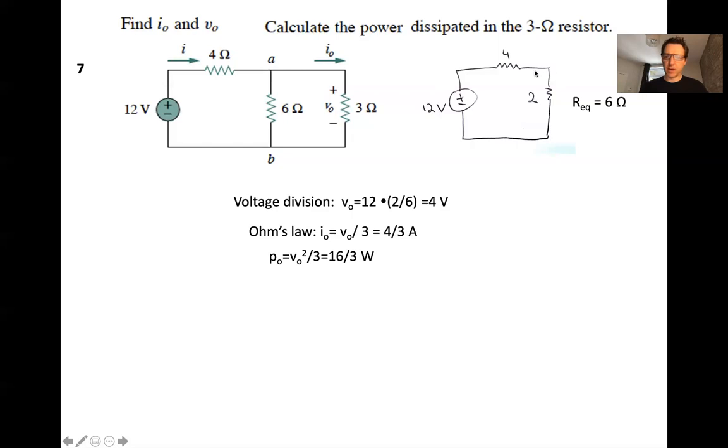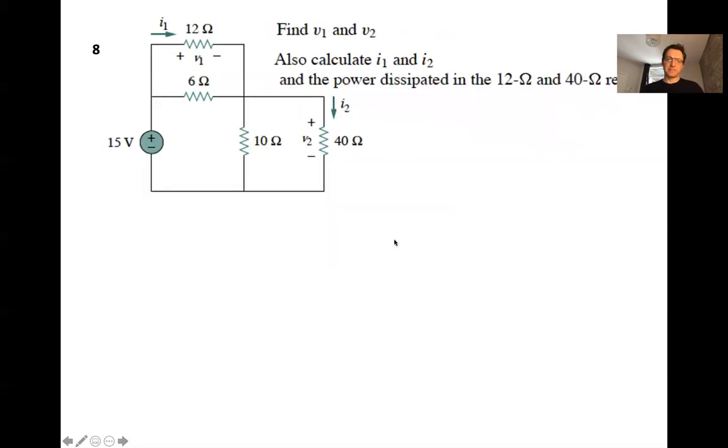That's what we did here. We got the voltage from voltage division. We figured out that 1/3 of the battery goes to this part of the circuit. And then we applied it to the original, unsimplified circuit to get the current of 4/3 of an amp.